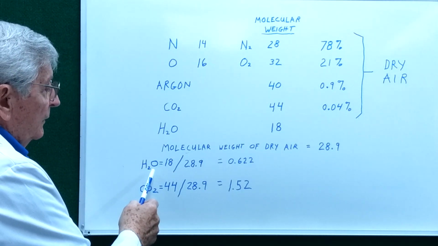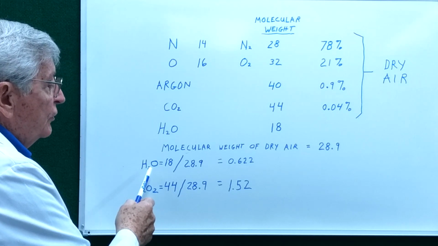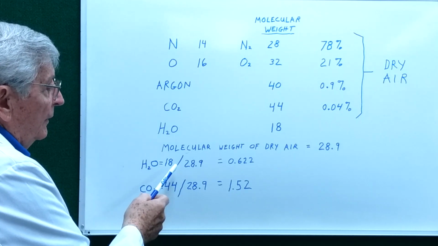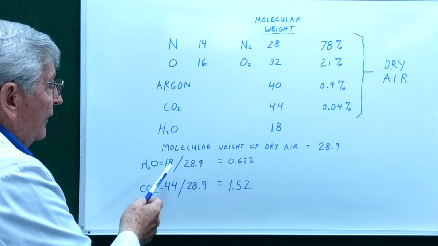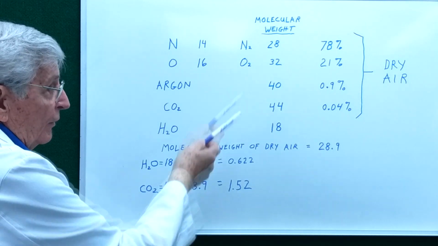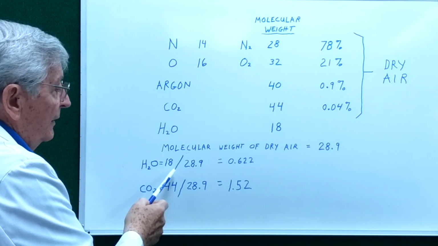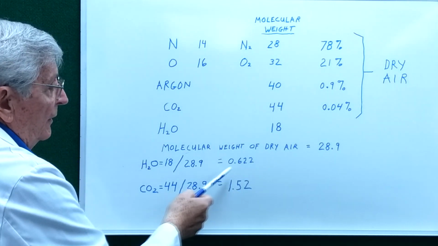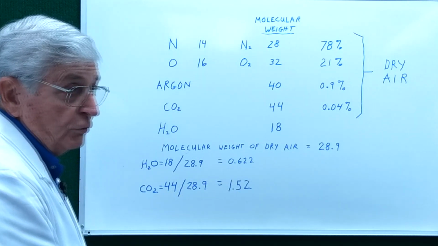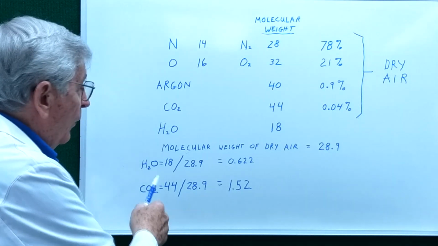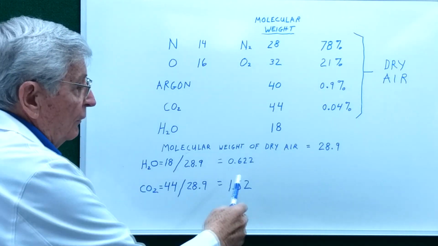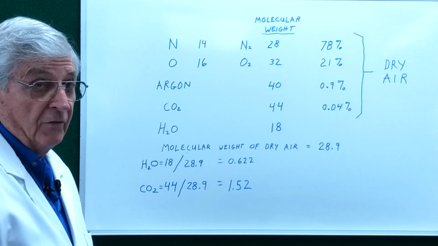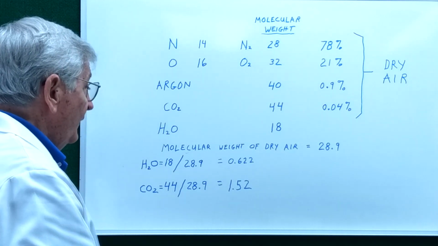So the density of H2O compared to dry air is 18 divided by the 28.9, which is 0.622. So water vapor is only 62% as heavy as dry air.